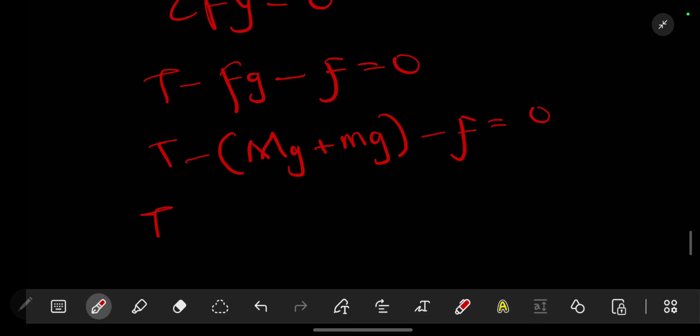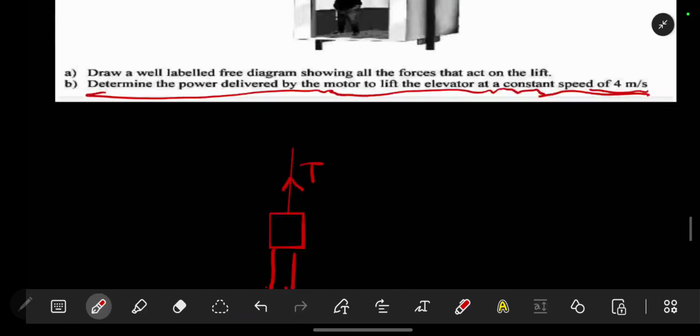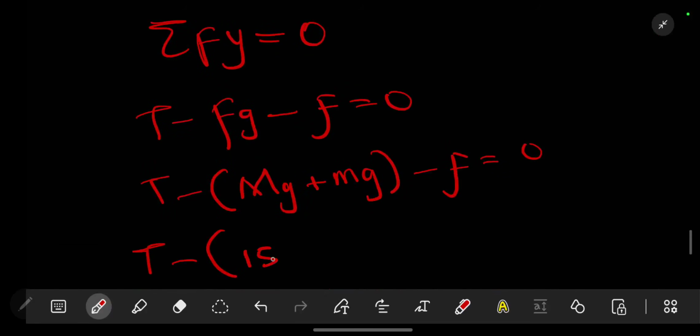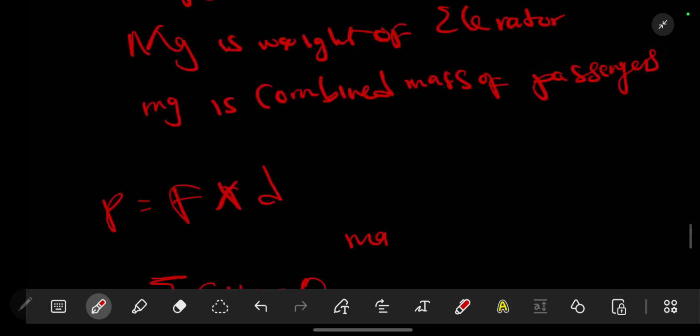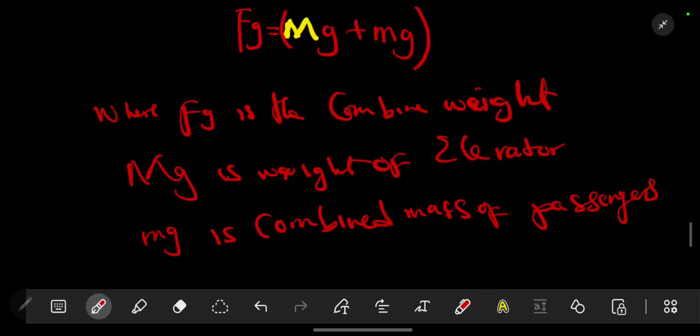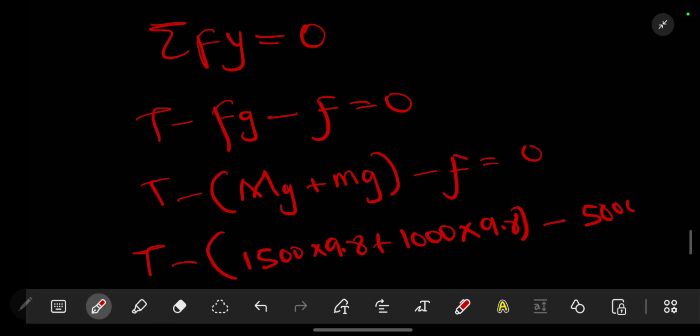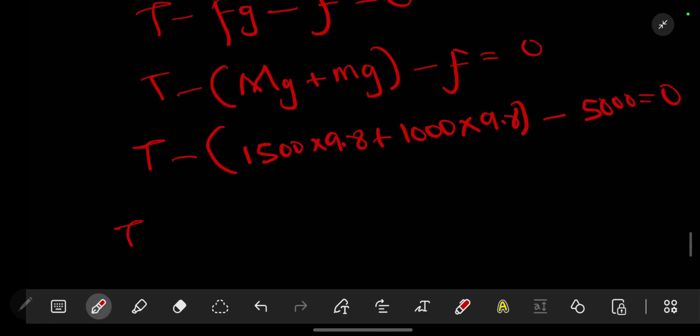So we have the tension minus, our elevator is 1,500 times the 9.8, plus our mass of the passengers, 1,000 times the 9.8. Then we have minus the frictional force, which is 5,000, should be equal to 0. So the tension minus, in brackets, we have 1,500 by 9.8.